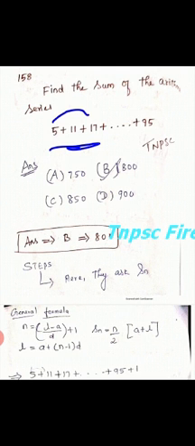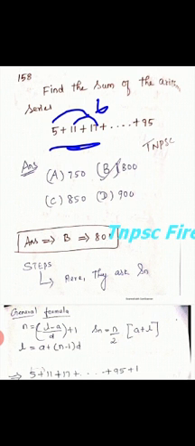The difference between 5 and 11 is 6, and between 11 and 17 is 6. If the differences are the same, that is an arithmetic progression.